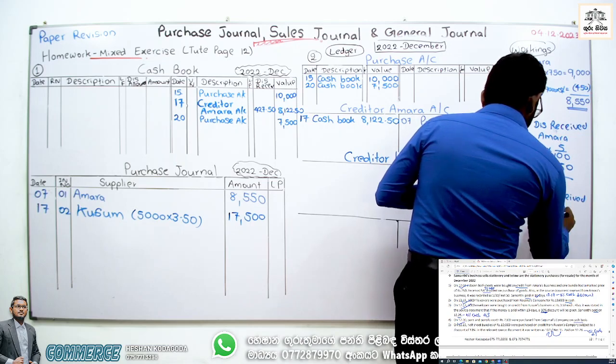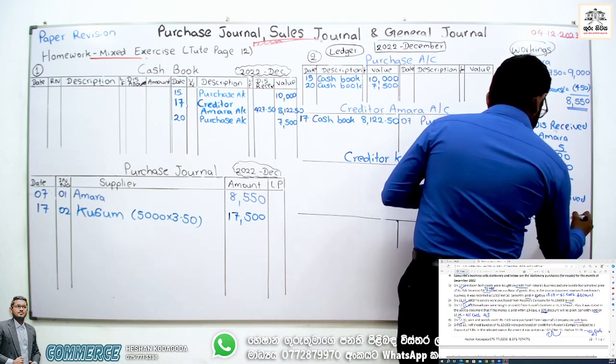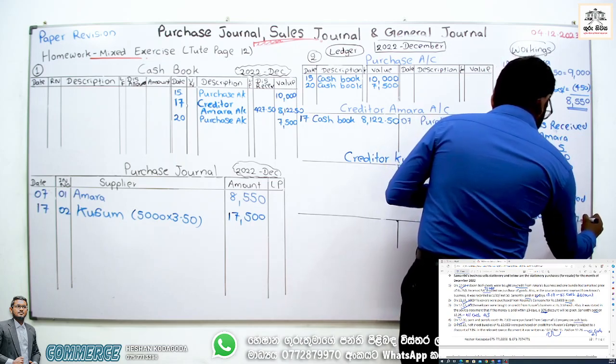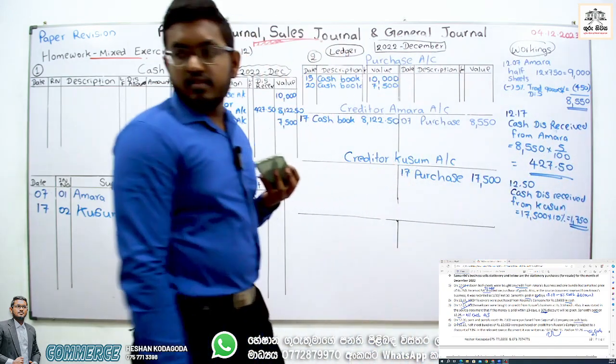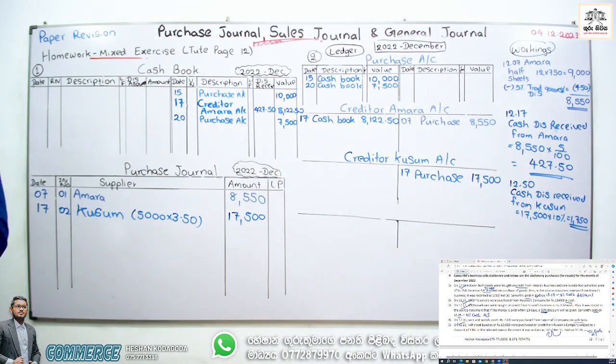17,500 into 10% means how much? 1,750. So we need to pay after deducting 1,750. Means 17,500 minus 1,750.